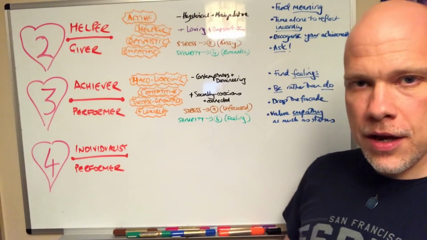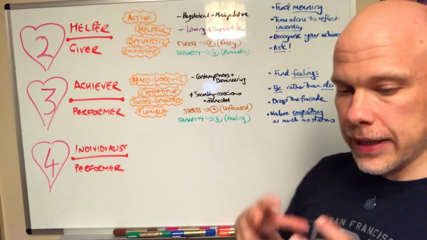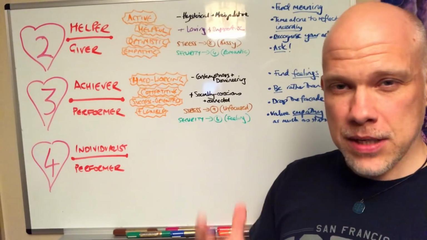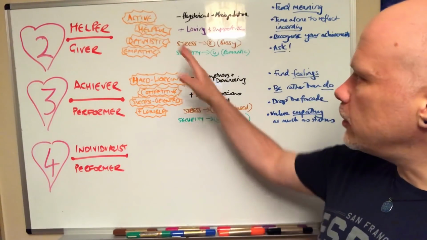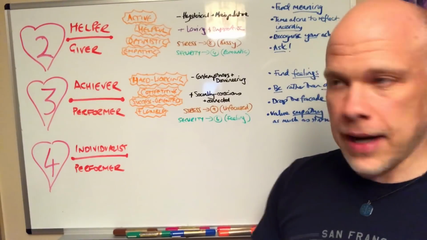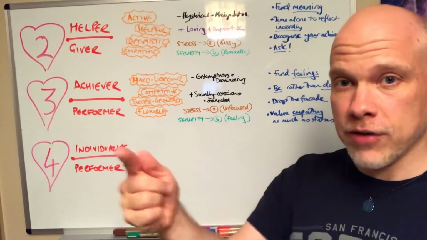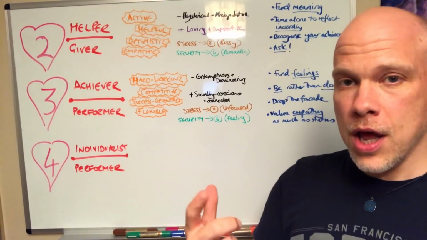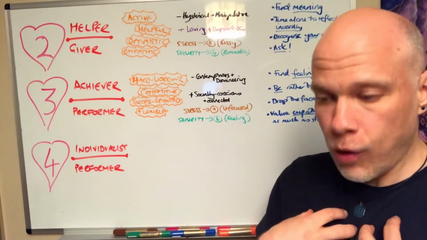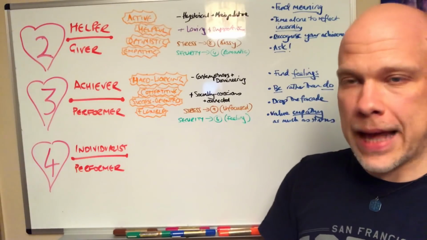At stress, they can move towards 9, the mediator, peacemaker. And you'll notice that in stress, it doesn't necessarily mean that you move to a bad quality, and in security, it doesn't necessarily mean you move to a good quality. It just means you move to a different type, and it will depend on yourself and your status of health and awareness how you respond when you get to that type.